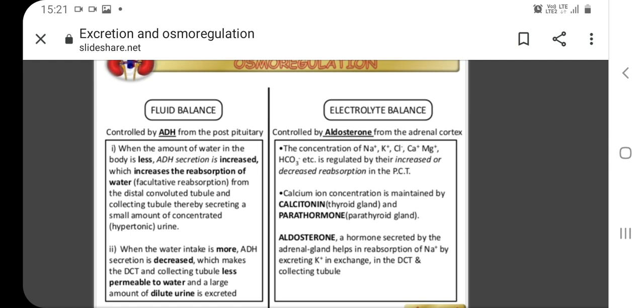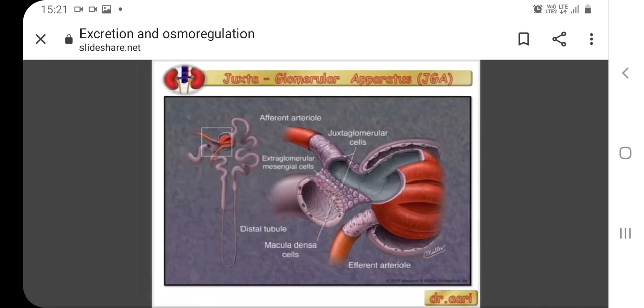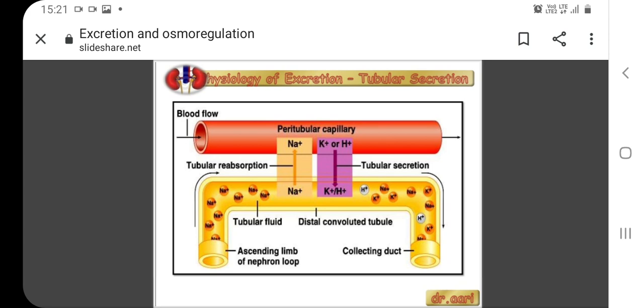Aldosterone is a hormone secreted by the adrenal gland, and it helps in the reabsorption of sodium by excreting potassium in exchange in the distal convoluted tubule or the collecting duct. You can see in this picture.